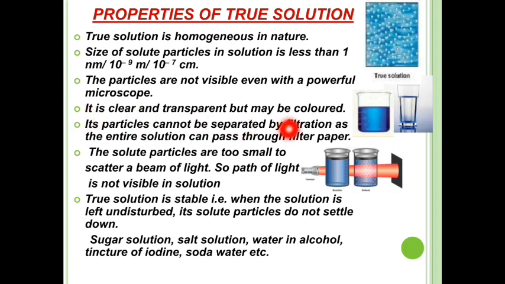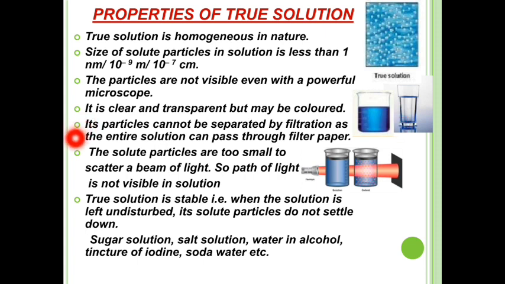You can see from the picture that if salt or sugar is dissolved in water, it forms a clear and transparent solution, and if you add any colored salt like copper sulfate in water, it forms a colored solution. But in both cases, this true solution is clear and transparent.